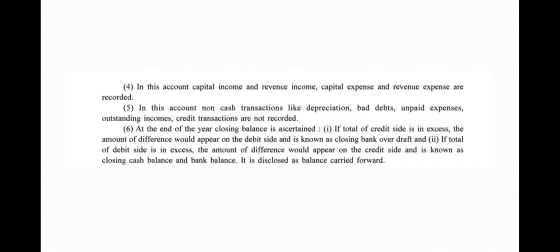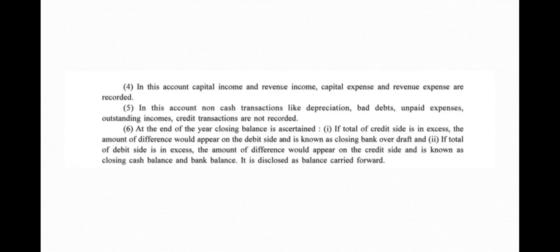It is disclosed as balance carried forward. So the difference of this account, if it is a credit balance, is bank overdraft, and if it is a debit balance, it will be cash balance and bank balance. So this is all about the receipt and payment account.